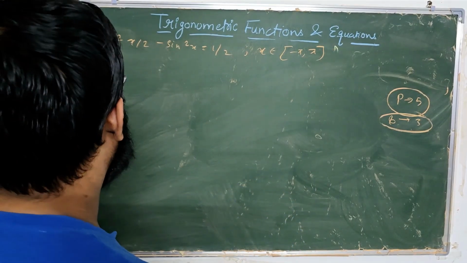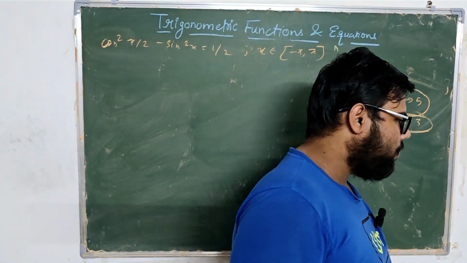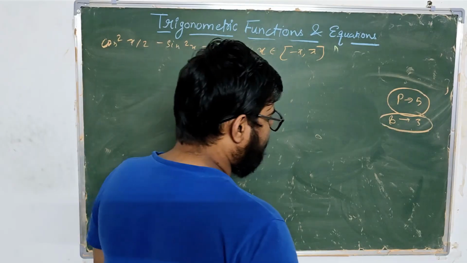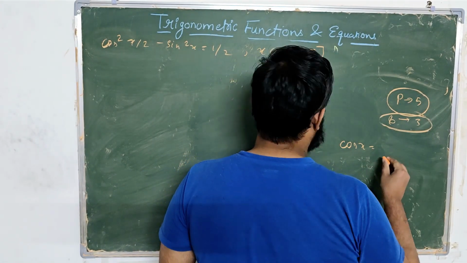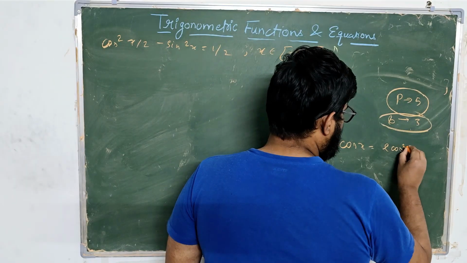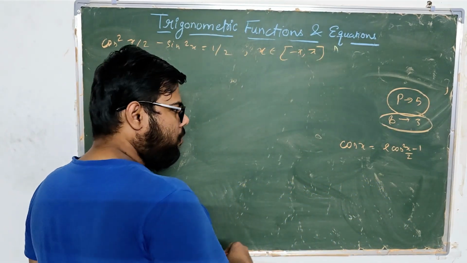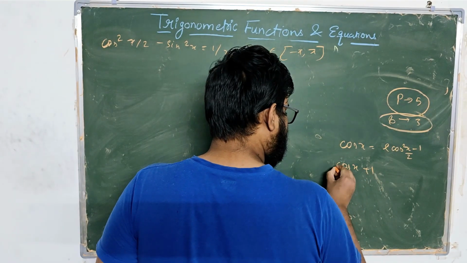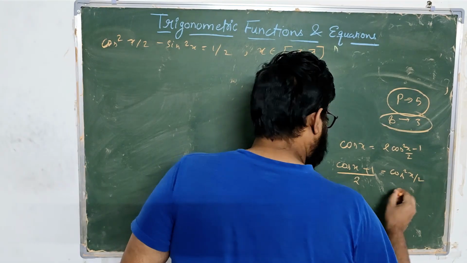so let's see how we can solve it. There are multiple methods to solve this, but we'll use the cos double angle formula. So we have cos x plus 1 by 2 is cos square x by 2, correct?